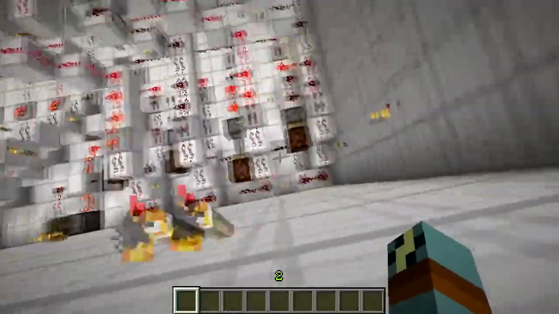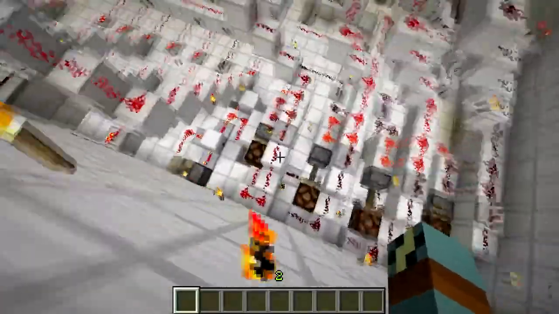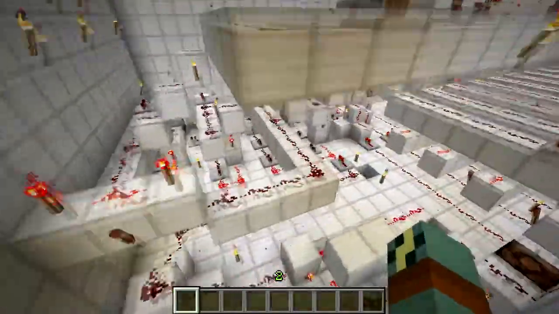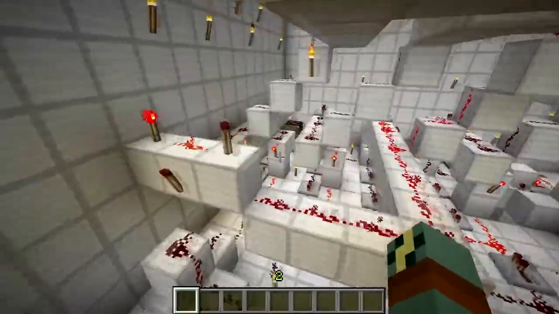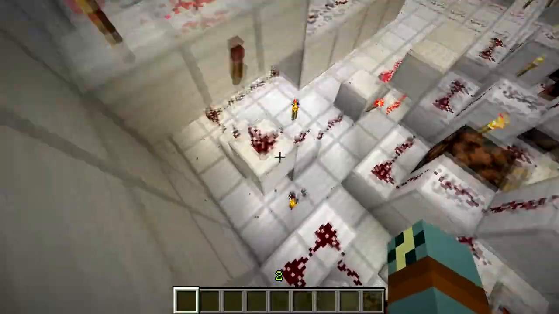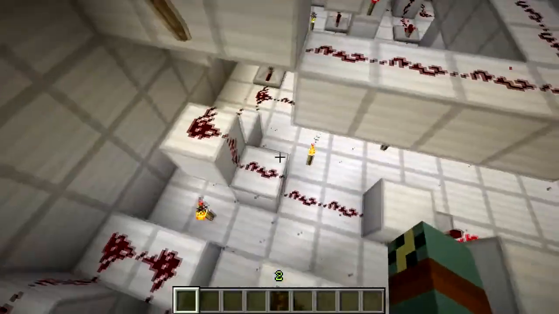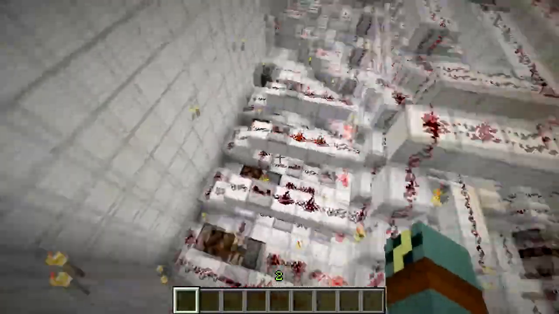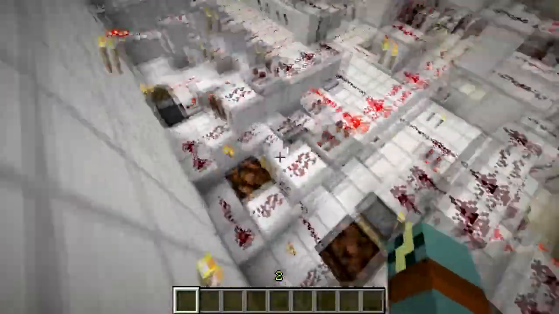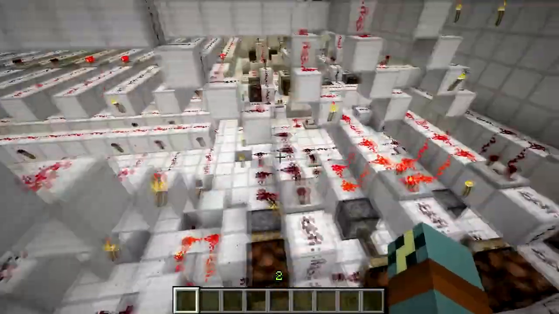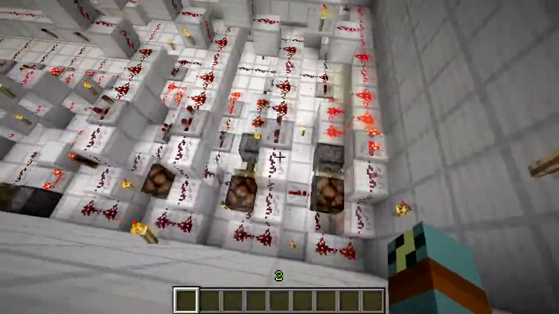This thing technically should count from 0 to 15. However, I have an AND circuit set up over here, which is what this tube coming off is, that basically increments the next set of program counters by 1 and resets these back to 0 every time. So even though it should count all the way up to 15 and then reset, it resets itself before that happens.